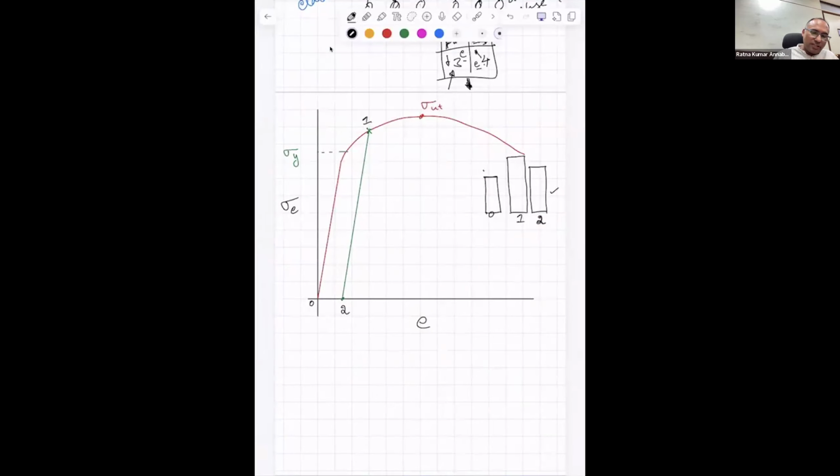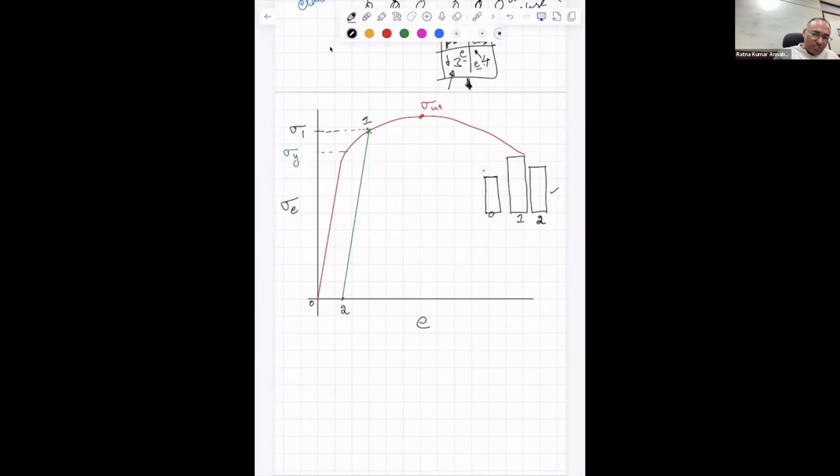So if I do the tensile test again, what will be the yield strength that I will measure? Point to offset from the green line. So let us say corresponding to this, that is sigma 1.